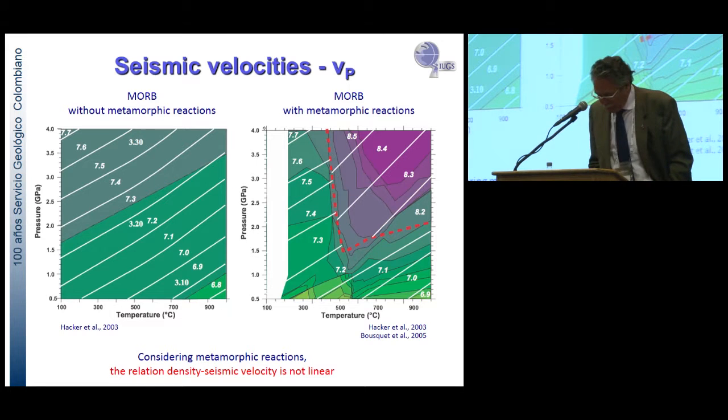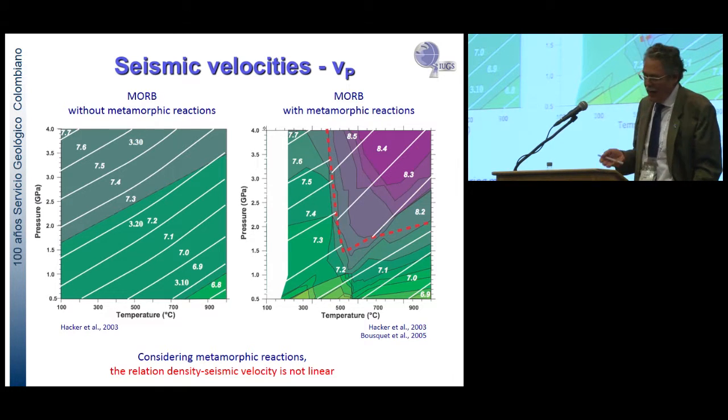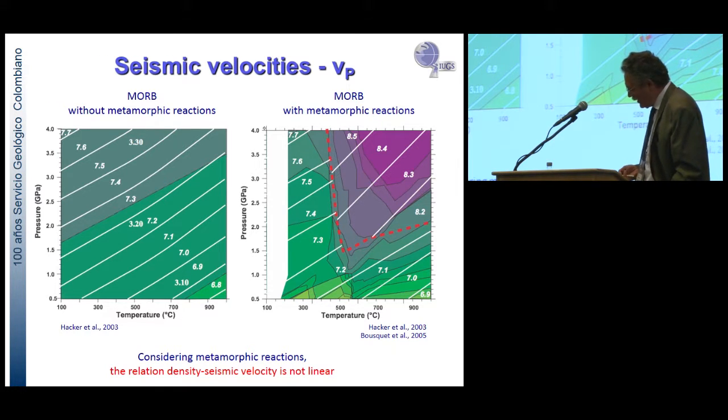Now, there are further ways to continue and to get from the densities and the rock composition to assess the seismic velocities. Here, two diagrams for the seismic velocity, VP, contoured along the traditional physical density model, and of course, the seismic velocities vary in the same way.